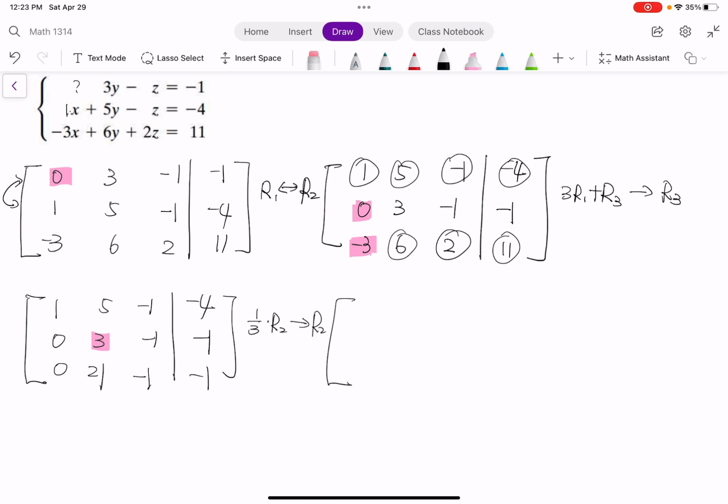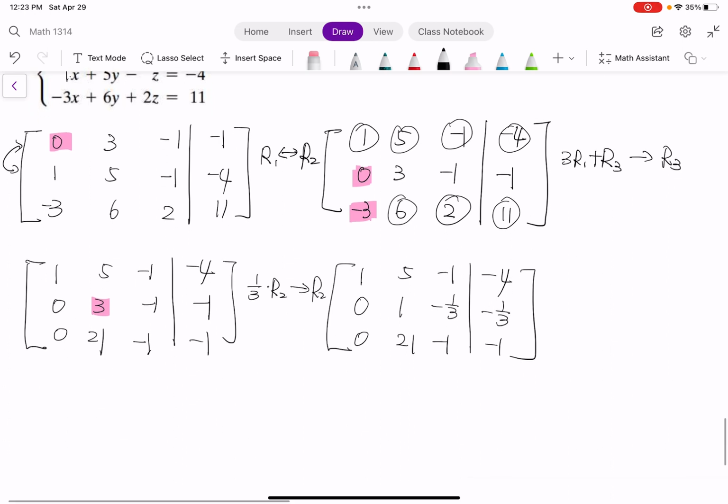So I didn't change the first row, third row. I can copy down the 1, 5, -1, -4, and 0, 21, -1, -1. So the second row, every element multiplied by 1/3. 0 times 1/3 is 0. 3 times 1/3, 1. -1 times 1/3 is -1/3. And -1 times 1/3 is -1/3.